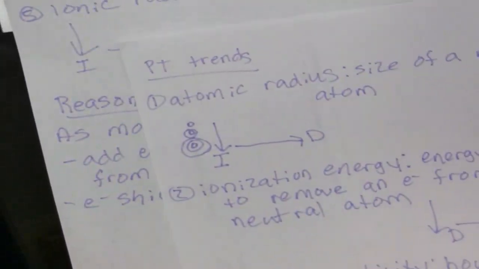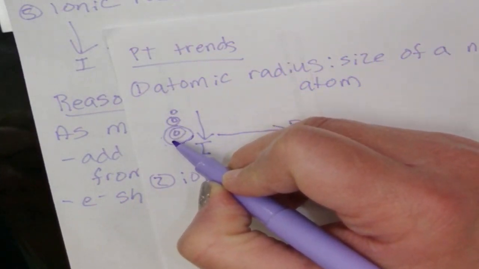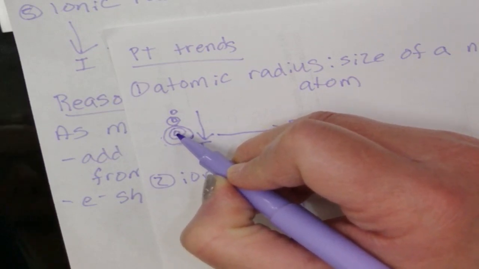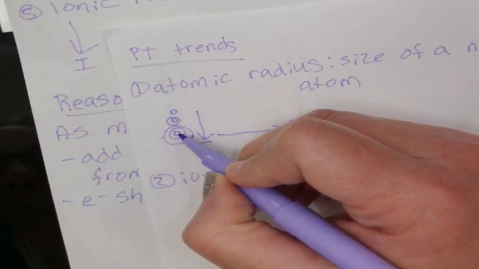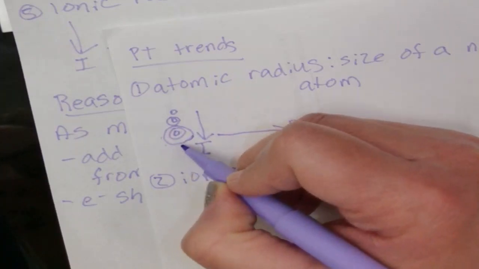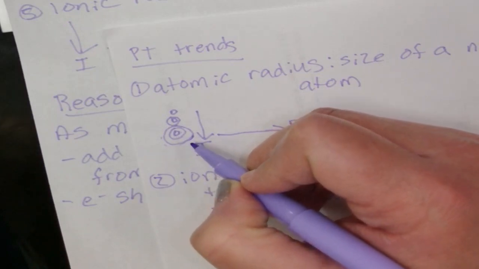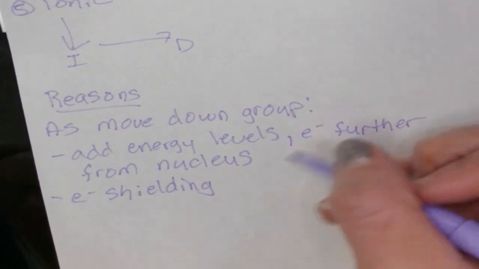So when we look at our picture here, my final third row is being shielded from the second row energy level and the electrons on the first energy level. All right, so there's less of an attractive force because these inner electrons are already more attracted to the nucleus because they are closer.